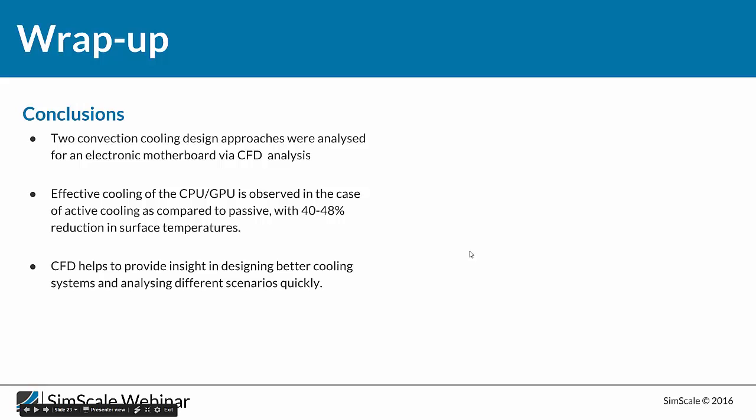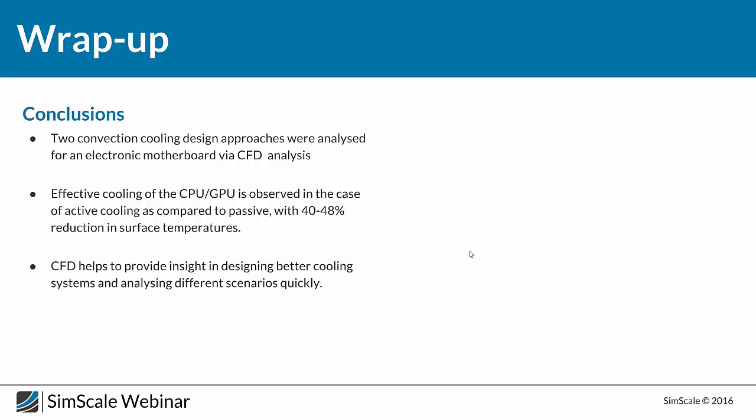This is to conclude. We now discussed two different types of design variants in which we see 40 to 48% surface temperature reduction in a case with forced convection, which would be the optimum one among the two. And we also see that CFD helps in better design for electronic cooling applications.